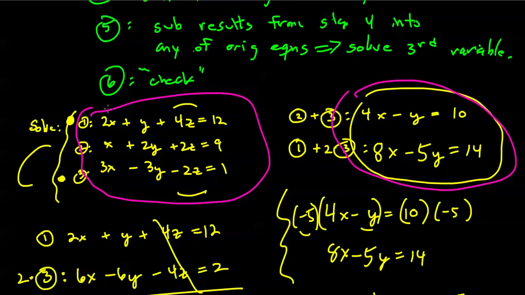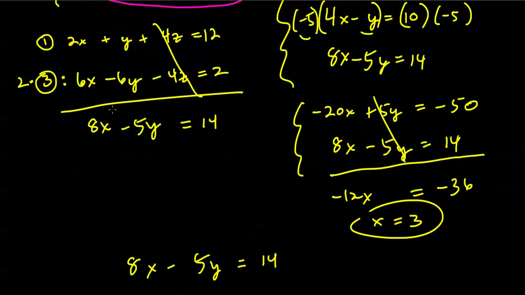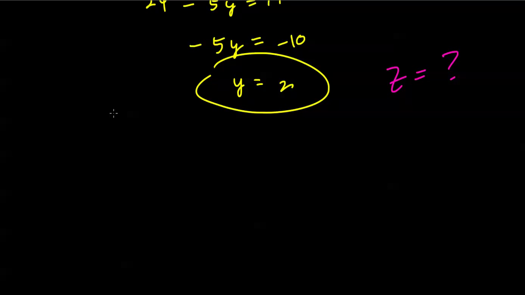You know what x has to be, you know what y has to be, so I can plug those values in and solve for z. I'm going to pick the first one here, 2x plus y plus 4z equals 12. Write it down: 2x plus y plus 4z equals 12.